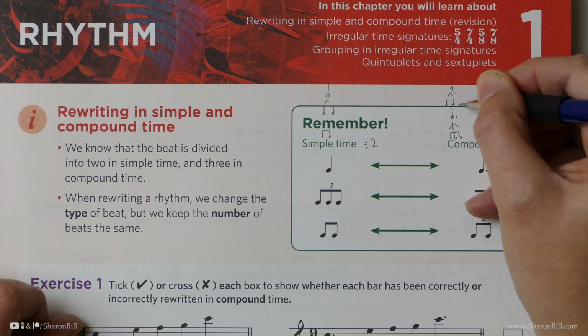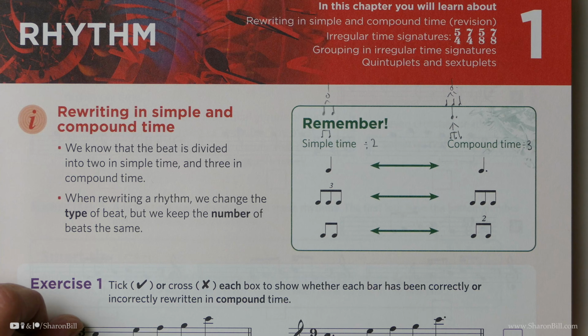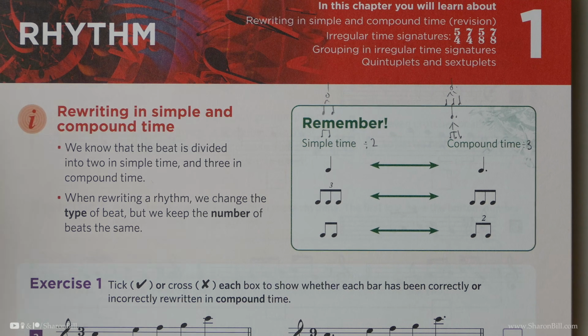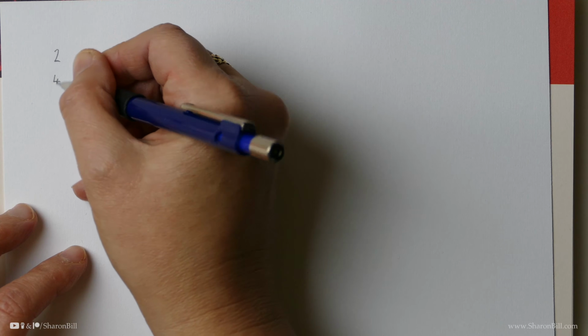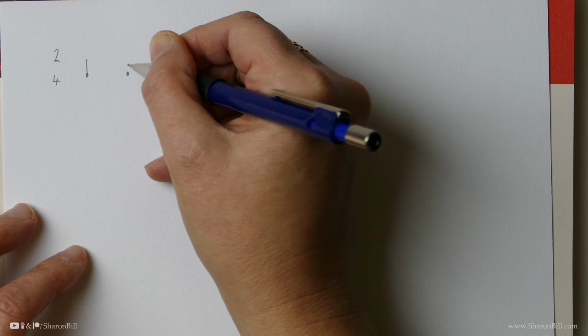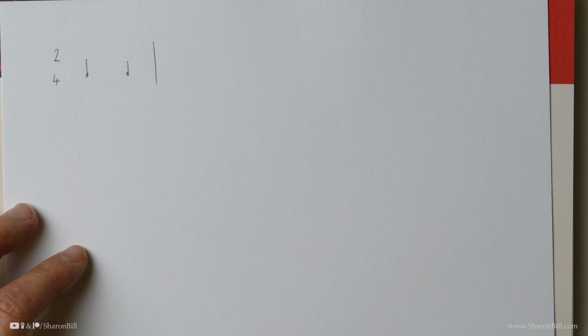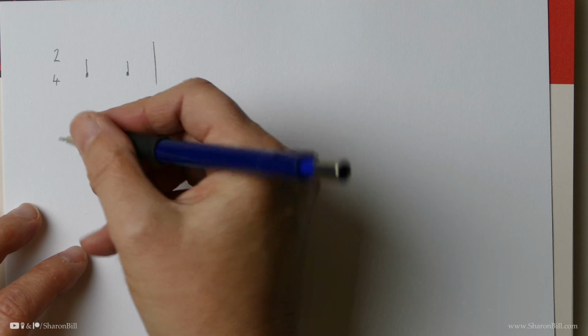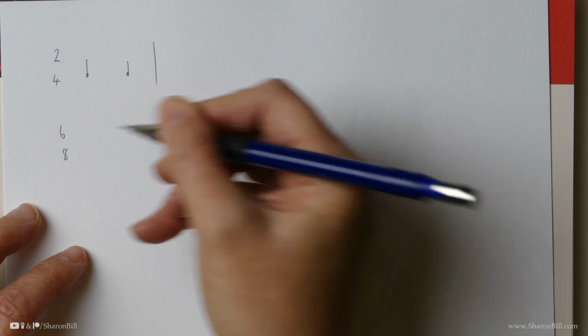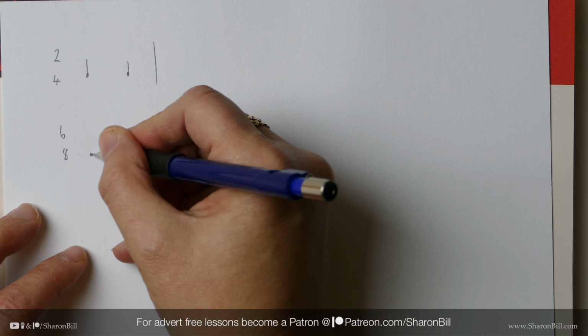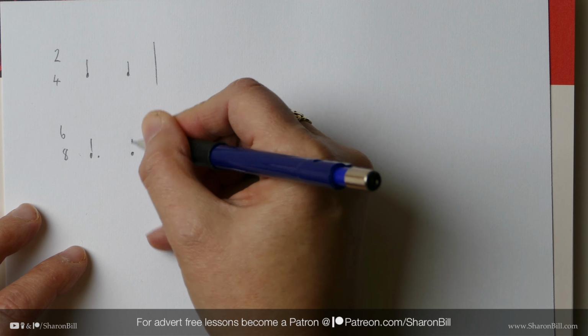into 3 crotchets. And so, for example, just if I grab a little piece of paper, just as a quick revise, 2/4 means 2 crotchet beats per bar. We would say that that was duple time. 6/8 is also duple time, but it's 2 dotted crotchets per bar.